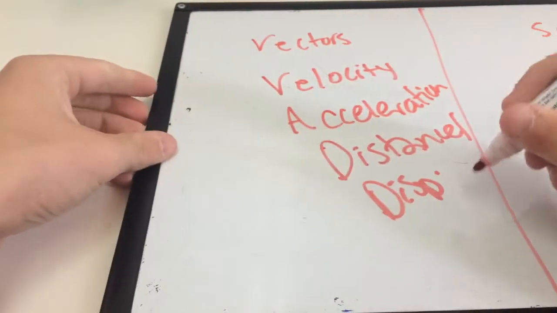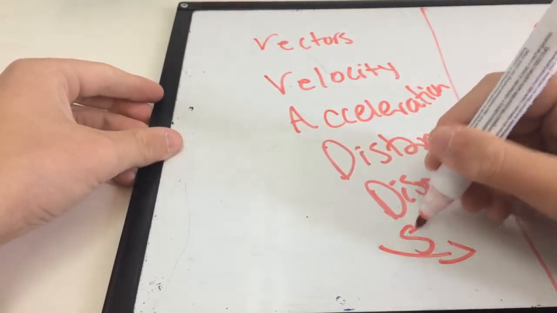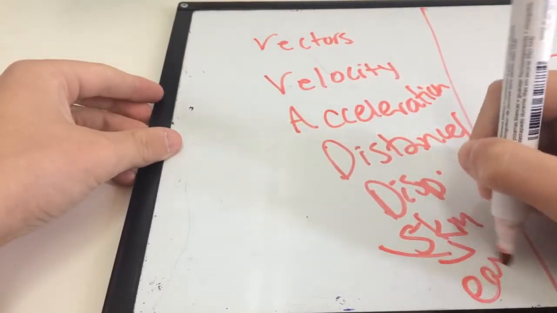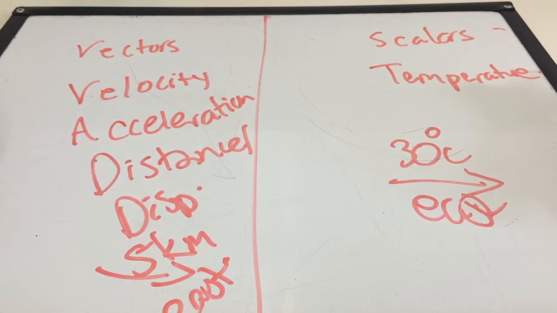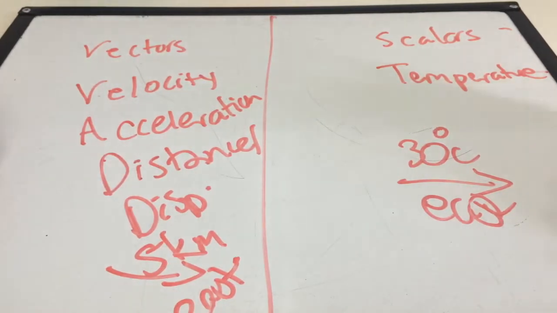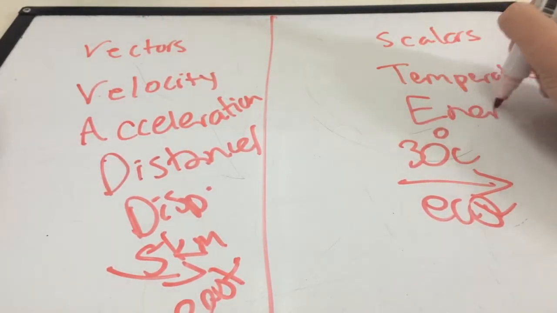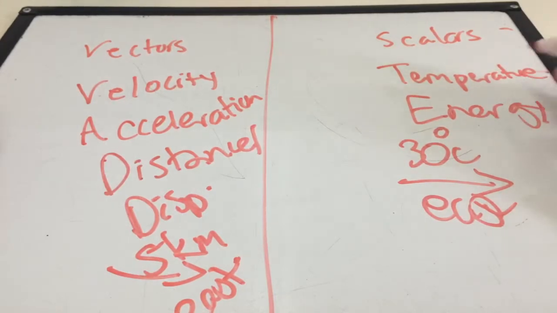But for example, distance, you'd say something like, I'm going for a 5 kilometer walk east. It doesn't make sense to say 30 degrees east. What else would be a number? Energy. It's a scalar. That sort of stuff. It's pretty basic.